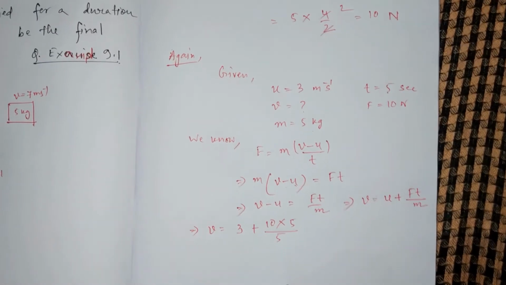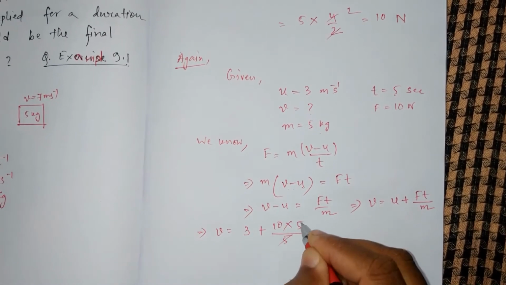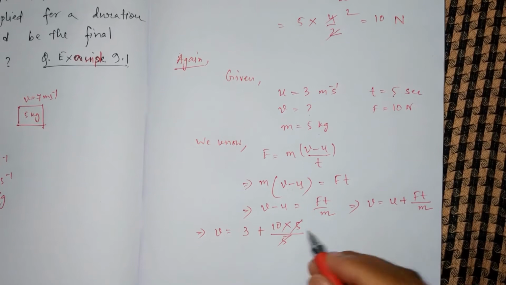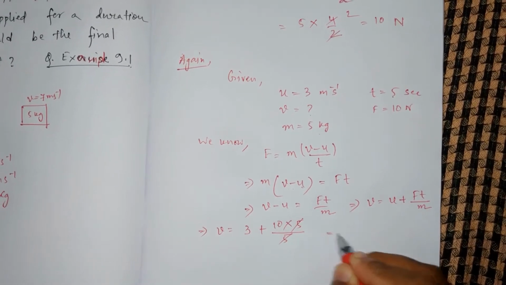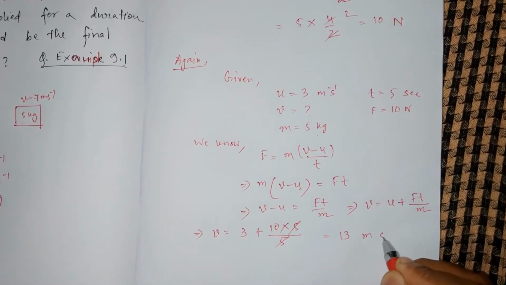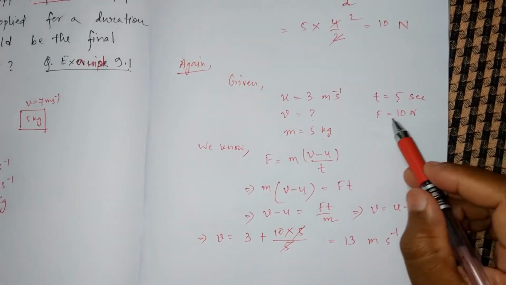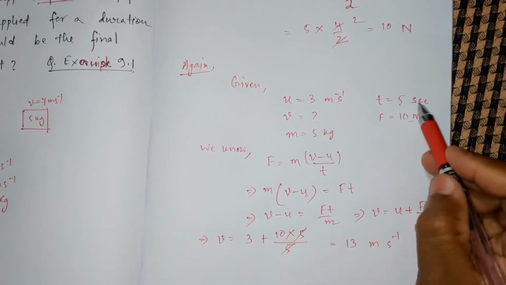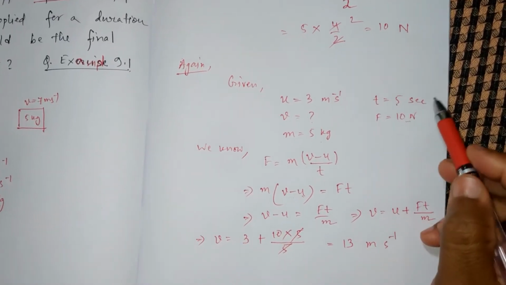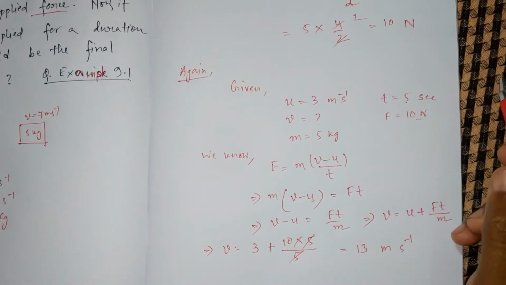So now we'll just cut this part because 5 cancels, then it will be 10 plus 3 is 13 meter per second. So this is the final velocity when this 10 Newton force is applied for the duration of 5 seconds, okay. So here this question ends.